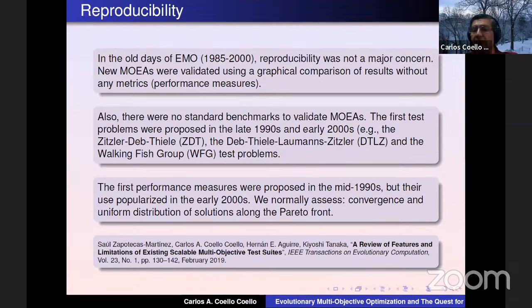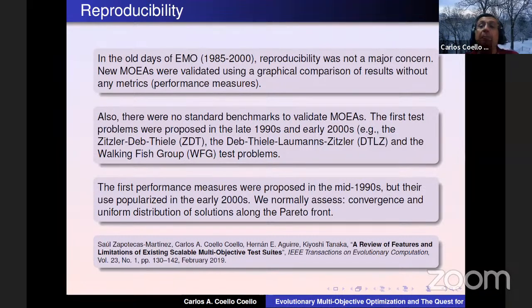Then the more popular DTLZ set of test problems was introduced in the year 2002 in a conference. And in 2005, a group from Australia called the Walking Fish Group introduced another set, more challenging, that was published in a conference, and the journal version was published the year after, in 2006.